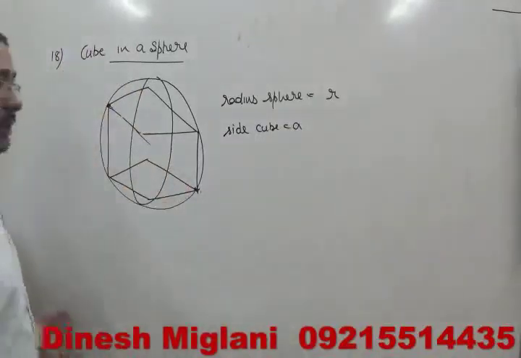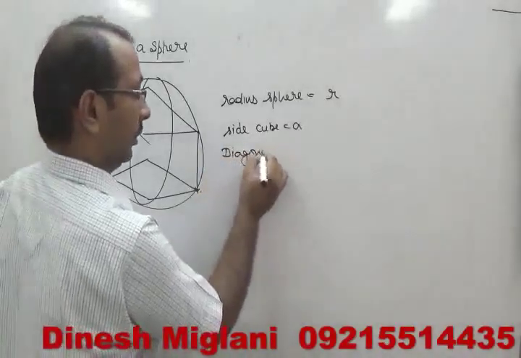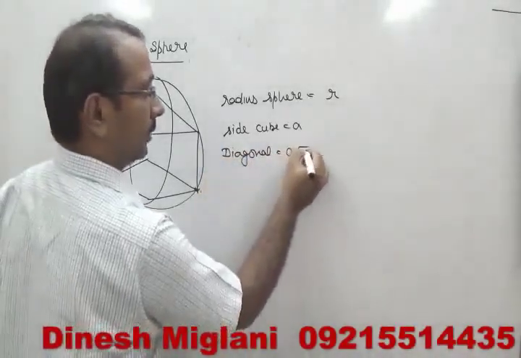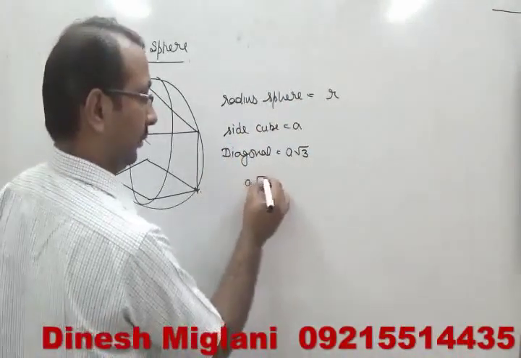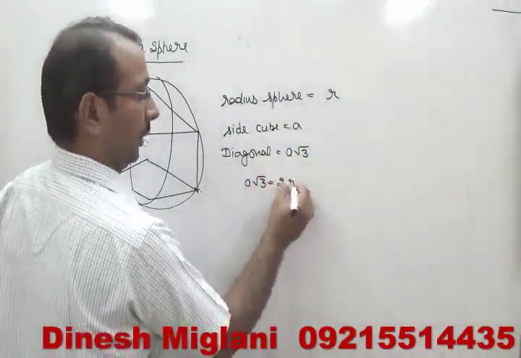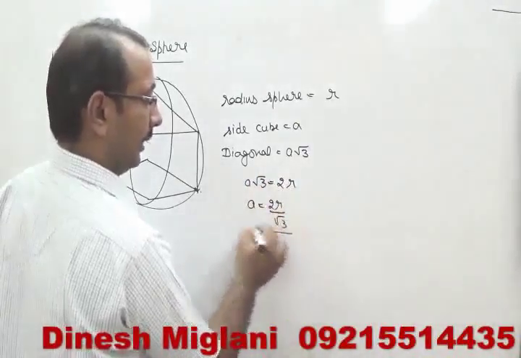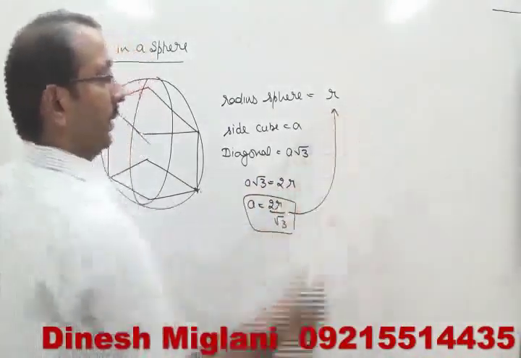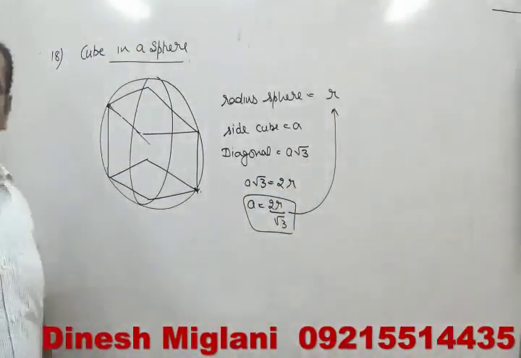The diagonal formula is a root 3. That becomes the diameter of the sphere, and diameter is equal to 2r. So a root 3 equals 2r, from here a equals 2r by root 3, right? So if the radius of the sphere is r, the side of the cube is 2r by root 3.